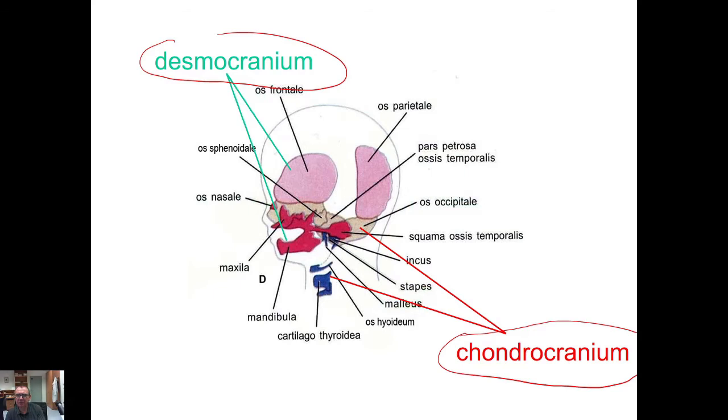Temporal, sphenoid, ethmoid. These are typical endochondral bones. And also endochondral bones are middle ear ossicles, incus, stapes, malleus, and hyoid bone.